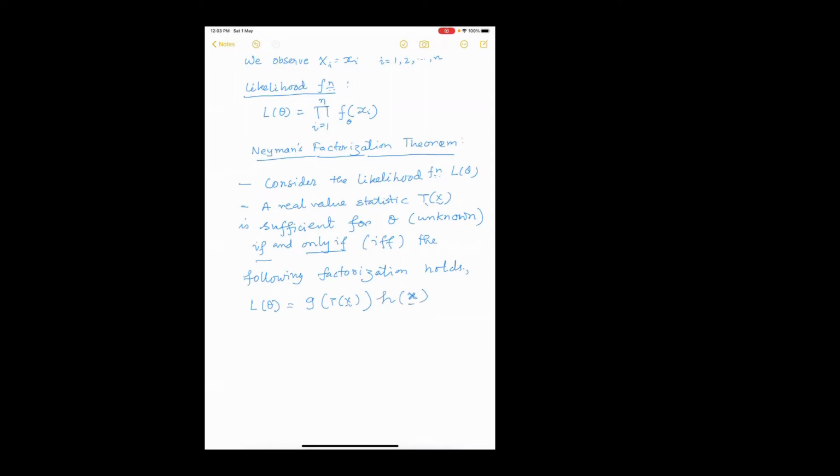So if that holds, if you can write the L(theta) in this format, then you can say that T is a sufficient statistic, where the two functions G, this is G of theta, and H are both non-negative.